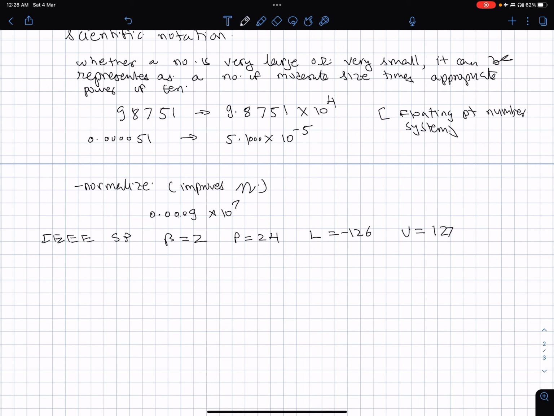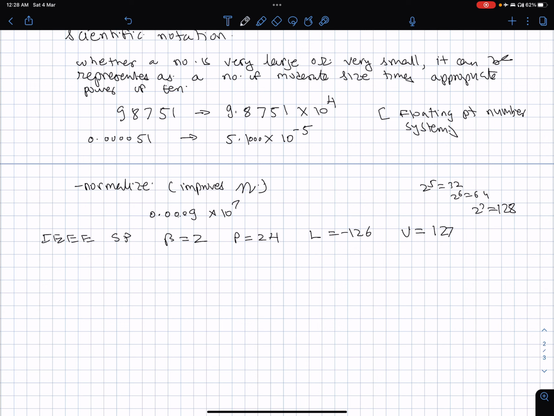This comes from 2 to the power 5 is 32, 2 to the power 6 is 64, 2 to the power 7 is 128, and you add one sign bit.